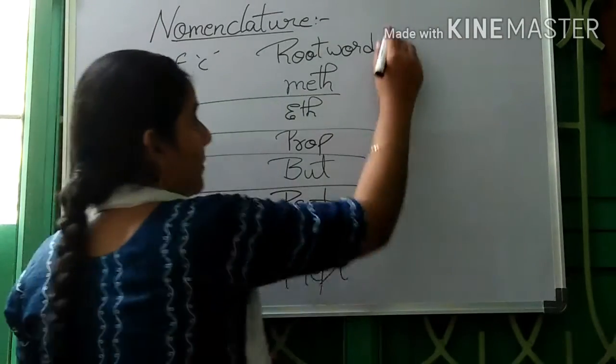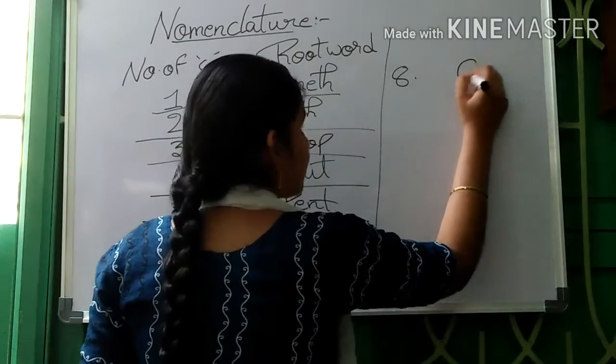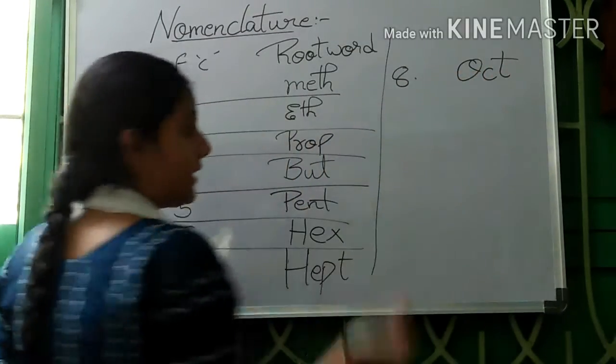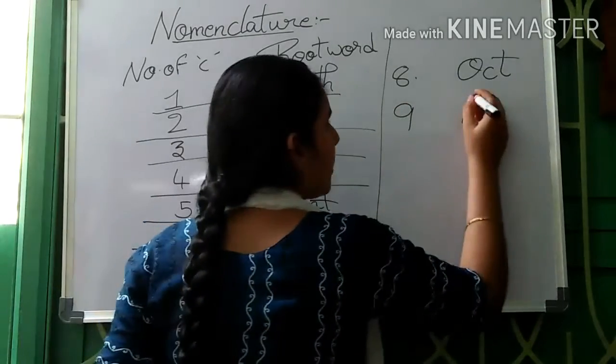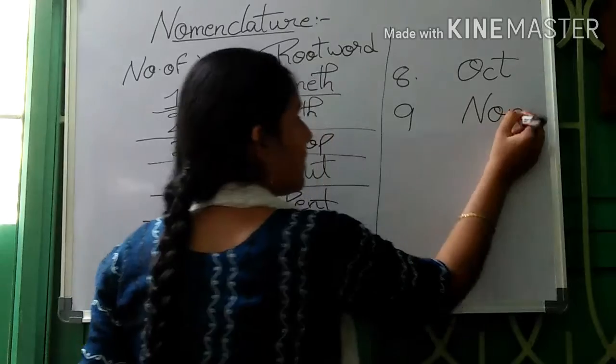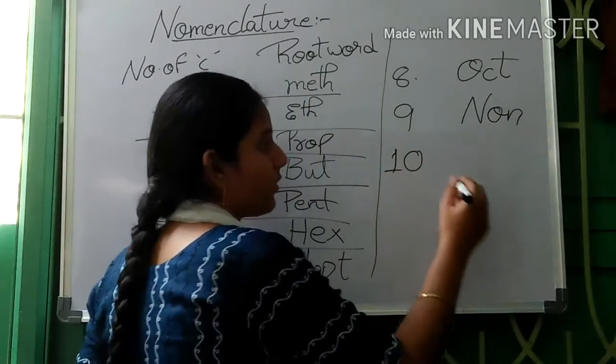If 8, oct. If 9, non. If 10, the root word will be dec.